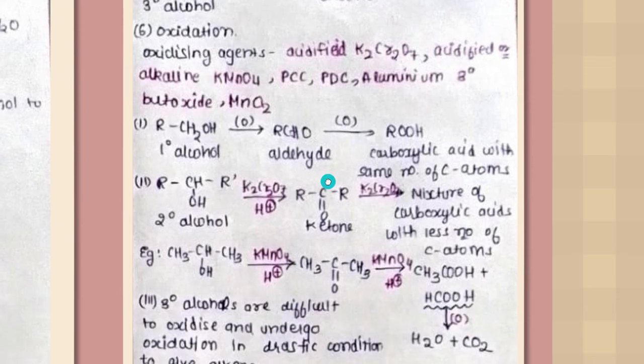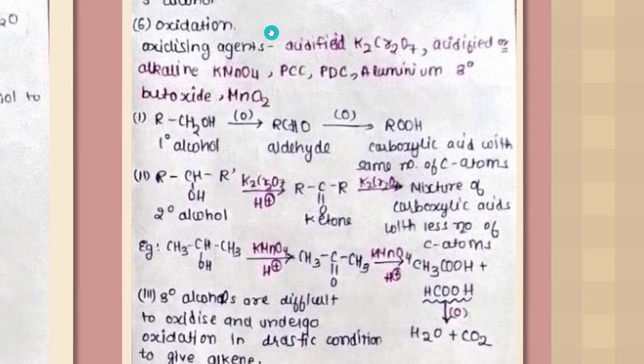Coming to the sixth one, that is oxidation. We also have our oxidizing agents: acidified K2Cr2O7, acidified or alkaline KMnO4, PCC, PDC, aluminium tertiary butoxide, MnO2. These are all oxidizing agents. Out of these, the strongest ones are acidified K2Cr2O7, and acidified or alkaline KMnO4.